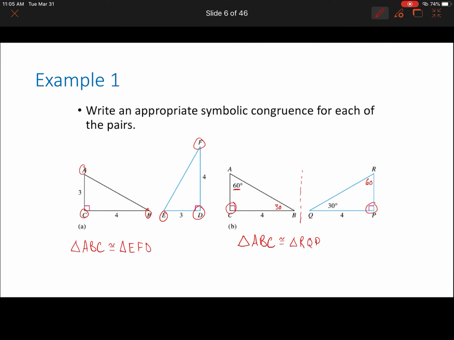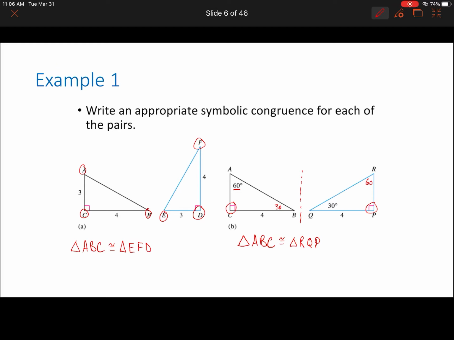and angle Q has to correspond with angle B. Oh, Q, not B. Okay, so angle Q and angle B. And then angle C and angle P correspond. So again, it's not that the letters are going to be in alphabetical order necessarily. It's what lines up with each other.